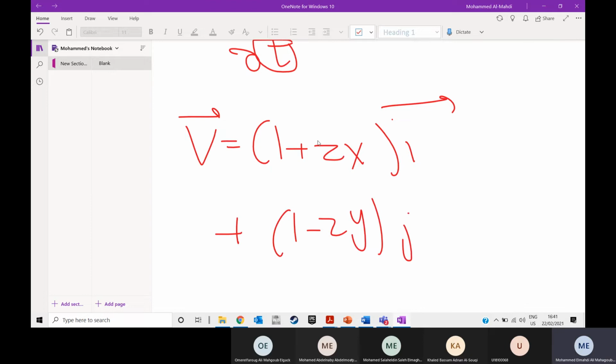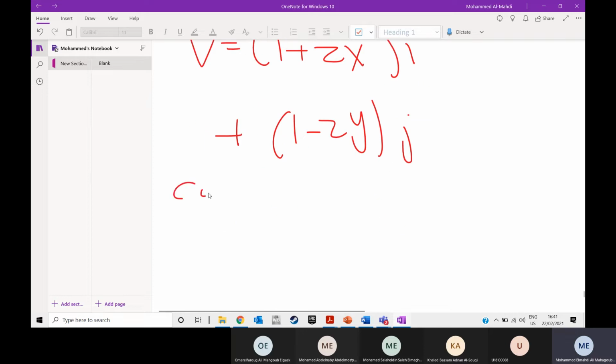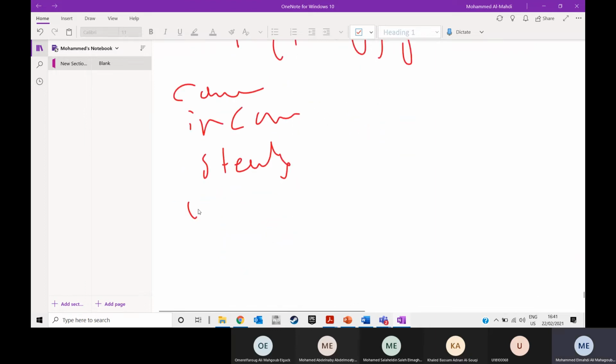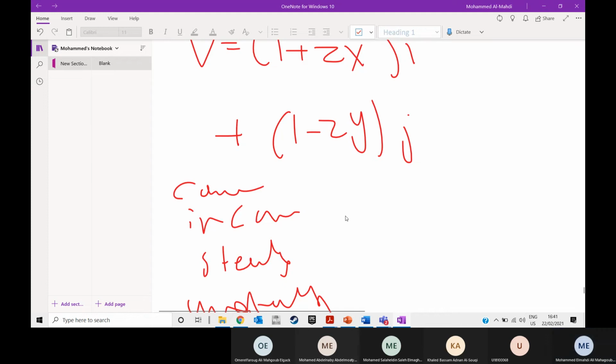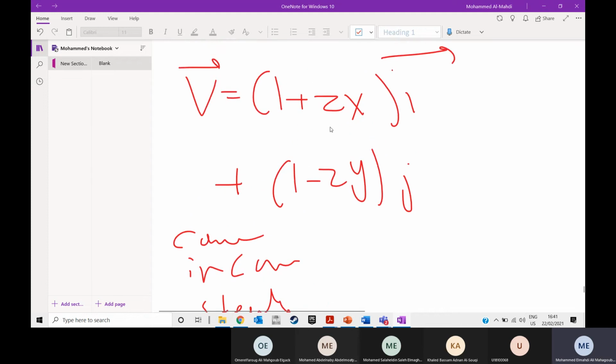This is the velocity field that he gave us in the midterm, and he asked, according to this velocity field, is the flow compressible, incompressible, steady, unsteady, or both B and C together? Both B and C. So first, apply the continuity equation for incompressible flow to see if it's compressible or not.